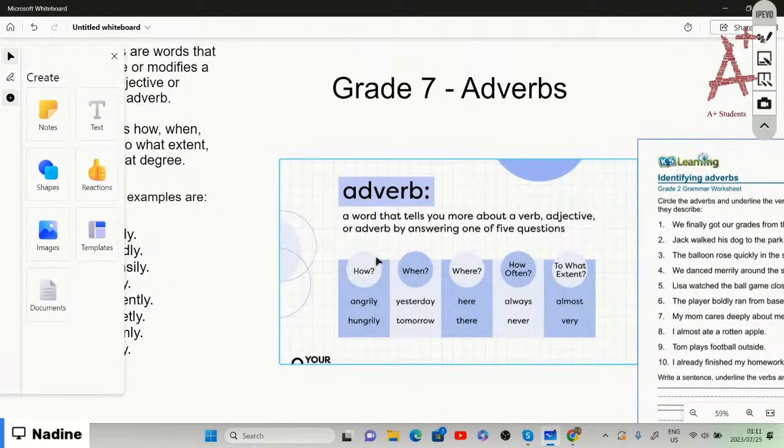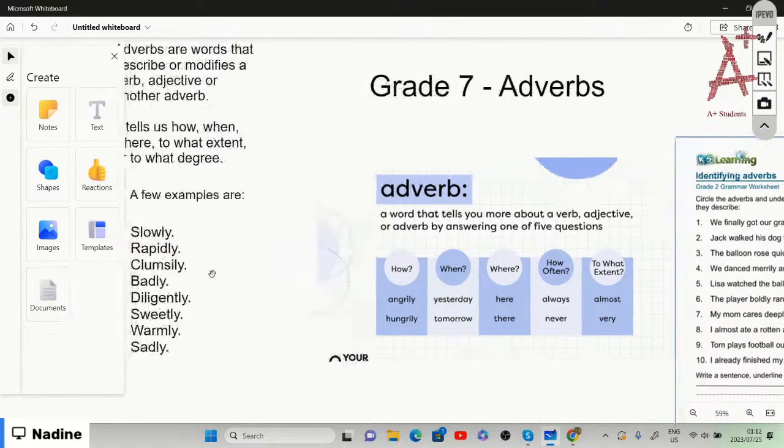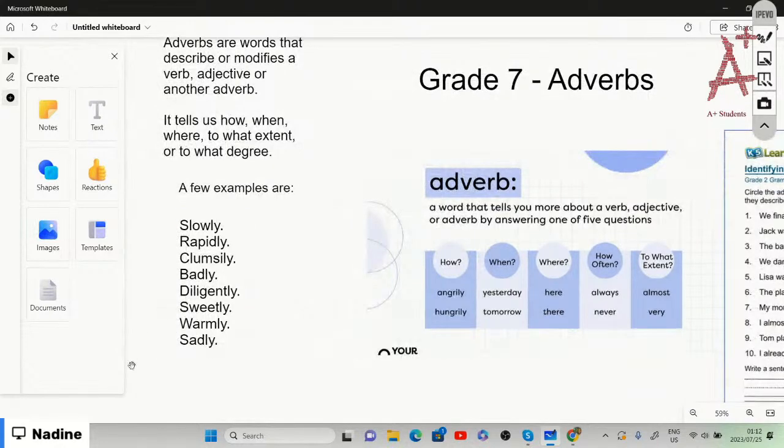And here again, they're just basically giving us the definition again. It is a word that tells us more about the verb, adjective, and adverb by answering one of these five questions. Adverbs either tell us how, when, where, how often, or to what extent or to what degree. For example, how can be angrily, hungrily, or any of these words that end in ly.